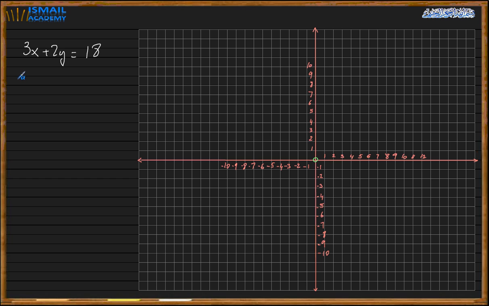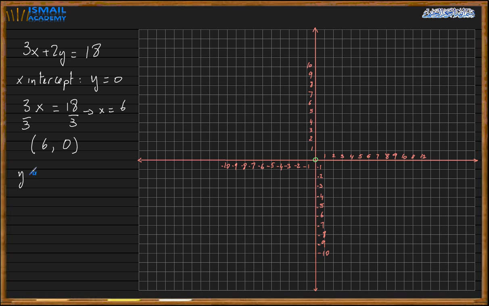Here I want to find the x-intercept, so I will make y equal 0. So I got 3x equals 18, because when I substitute y by 0, this becomes 0. Now I divide both sides by 3, so I got x equals 6. So my point will be (6, 0).